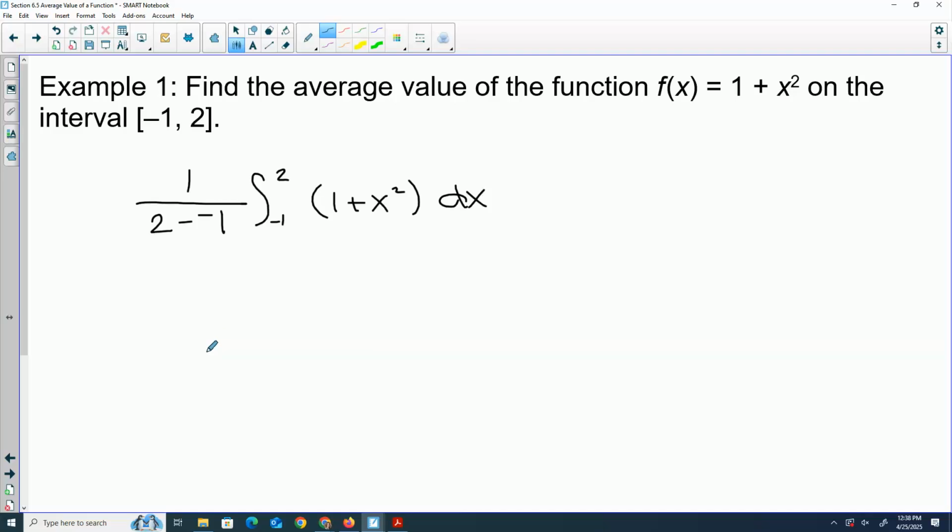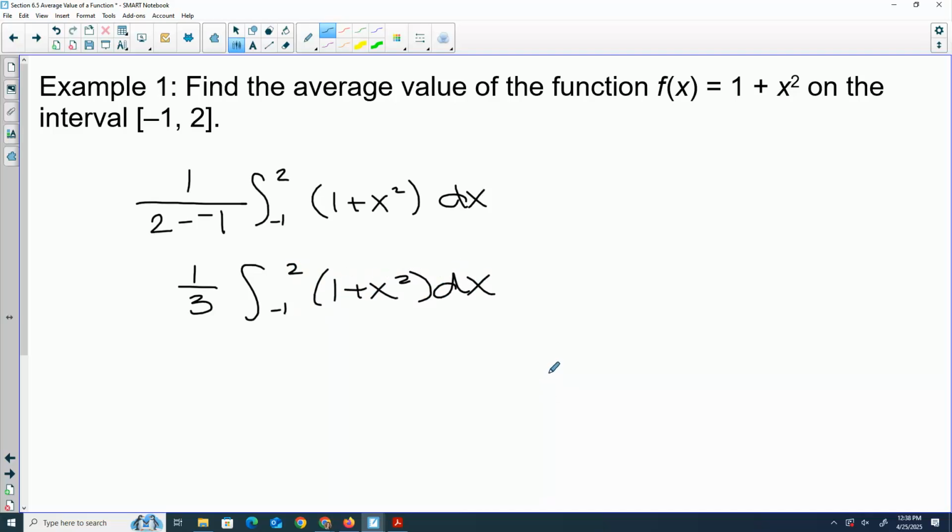The only thing that's different is that because it's average value, I have that fraction in front. So we just have 1/3 times the integral from -1 to 2 of 1 plus x squared dx.